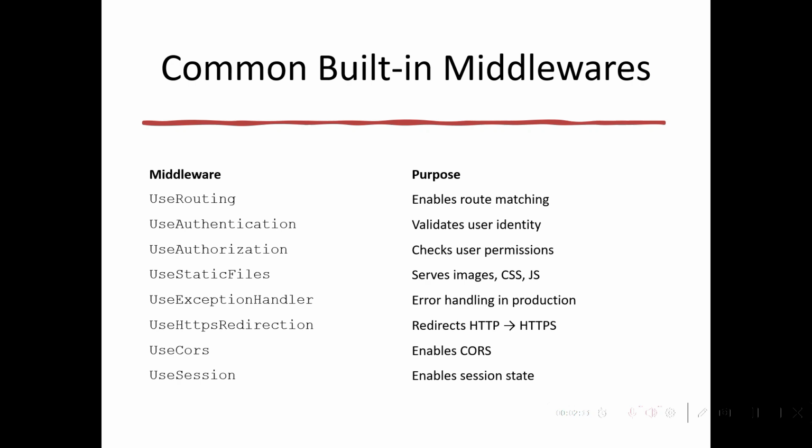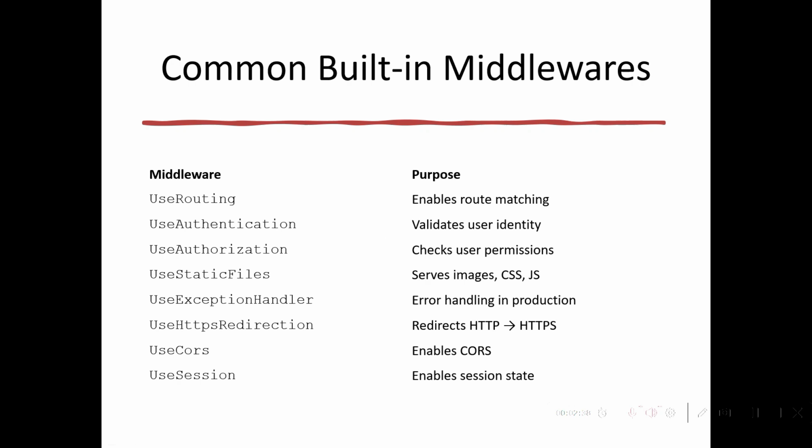Some common built-in middleware are already part of .NET Core, which you must have seen in Program.cs: UseRouting, UseAuthentication, UseAuthorization, UseStaticFiles, UseExceptionHandler, UseHttpsRedirection, UseCors, UseSession. These are the built-in middleware.